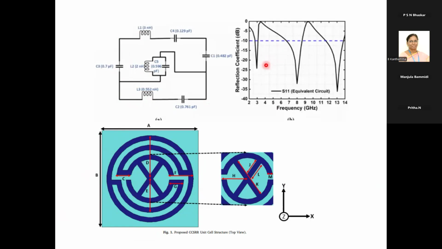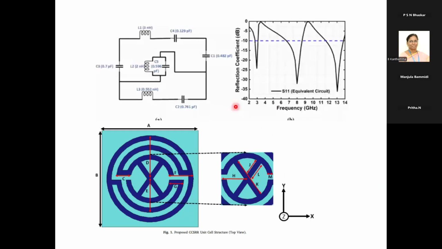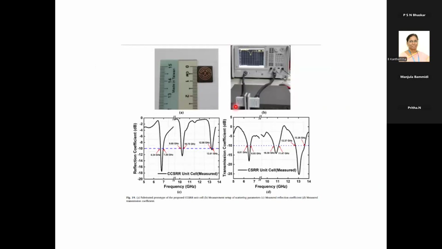If you want to show it as an absorption, you have to plot the reflection coefficient, because on the back side there will be a conductor and everything would otherwise get reflected. So at the particular frequencies at which the reflection coefficient is 0, it is not reflecting, it is absorbing.